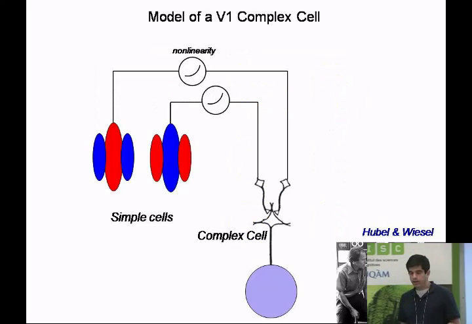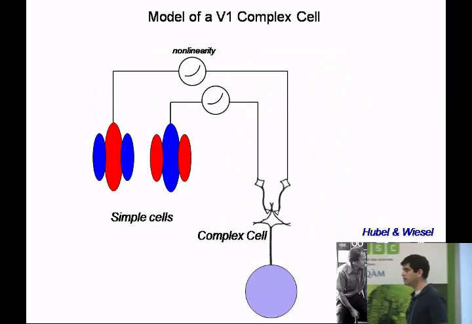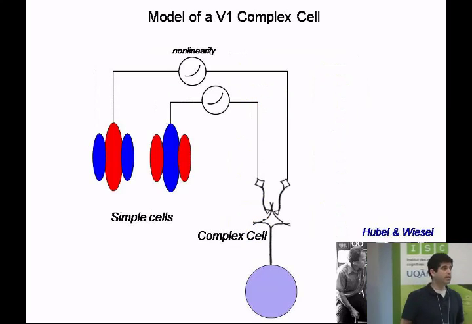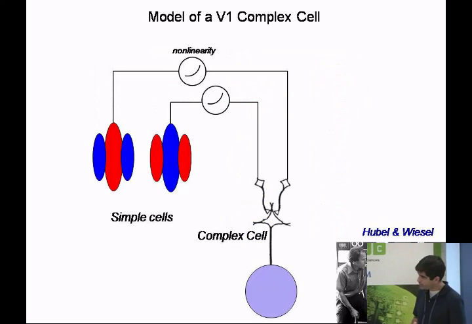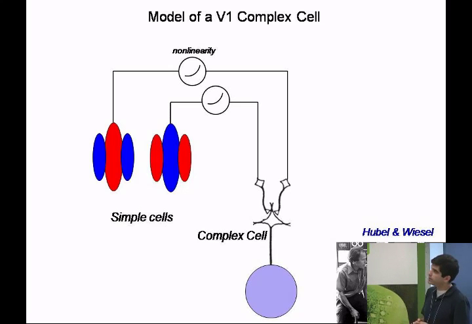So this kind of brings it back to Hubel and Wiesel again. Hubel and Wiesel had a very simple model of simple cells, and they had a simple model of complex cells. The complex cell was one that basically, again, just added up its inputs. But in order to make it work, they had to first filter it through a nonlinearity.